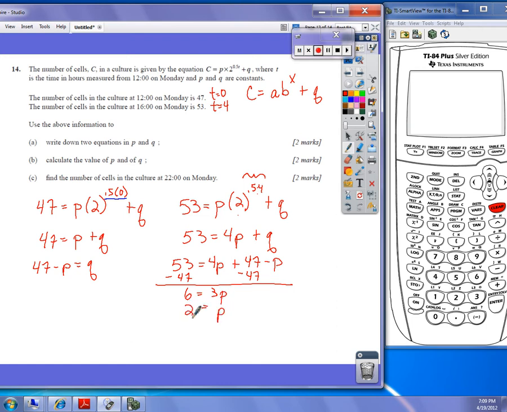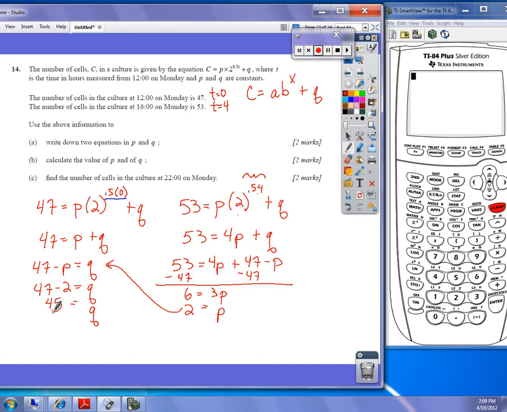And now I need to figure out what Q is. I can substitute into either of my equations, but I'll just go right back here since I've already solved for Q. So 47 minus 2, because that's what P is equal to. So Q must be equal to 45. All right, that's the first part of the problem.